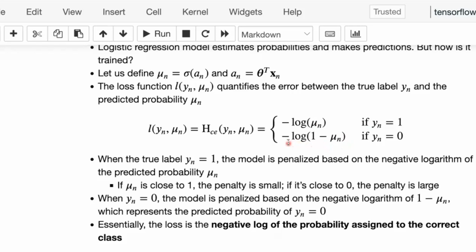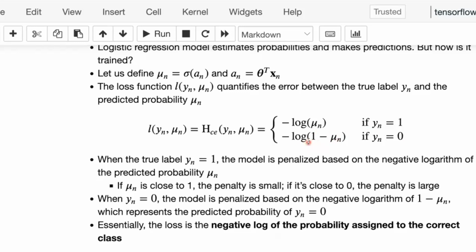And you can see that then we have to use 1 minus mu n. And if mu n is equal to 1, this means that we are very confident that this data point should belong to class 1, whereas it does belong to class 0. So there is a huge penalty to pay because we get log of something very close to 0, which is approaching negative infinity, and then we have this negative sign here.